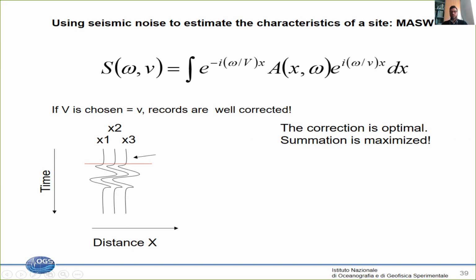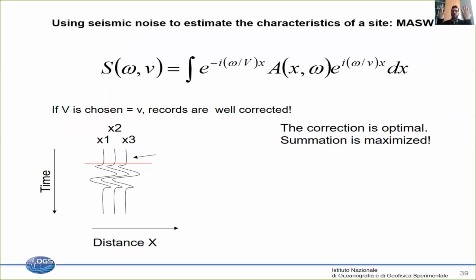So if we obtain this, you can imagine you will have in each maximum the value for each velocity corresponding to a certain frequency. So automatically, by picking the maxima on this function, you will get an estimation of a dispersion curve.